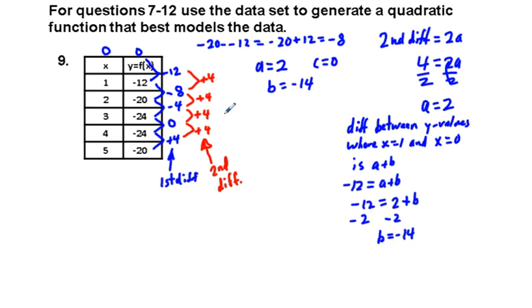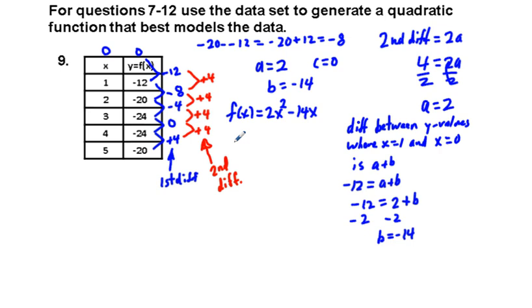So in our form here, we're going to say f of x is equal to ax squared, which is going to be 2x squared, plus bx, which would be minus 14x, plus c, and c is 0. So now we can just put our values in to see what we get.